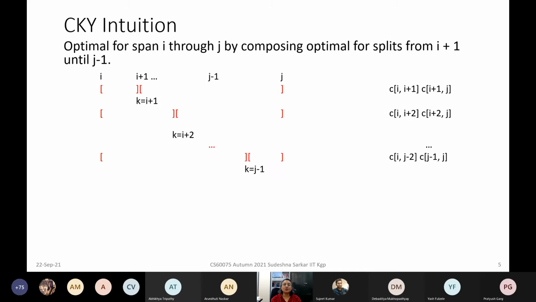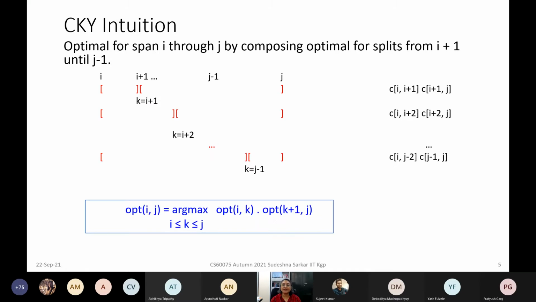Now, for each of these ways, if we are starting from I, where I plus 1 means the word I, we can go from I plus 1 to J minus 1 to find all decompositions.